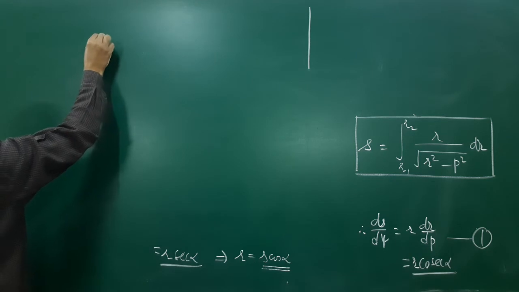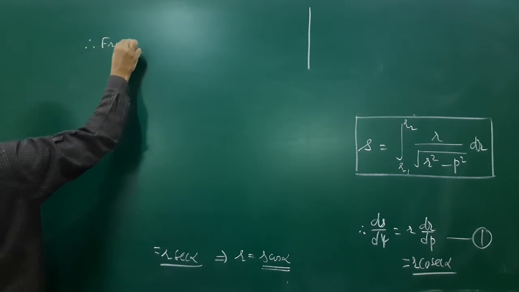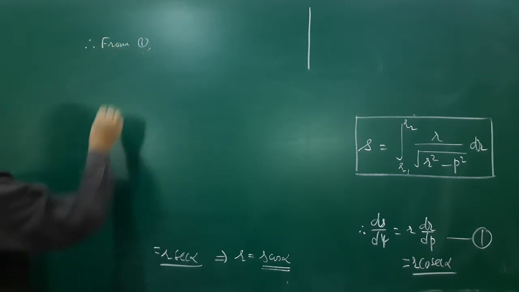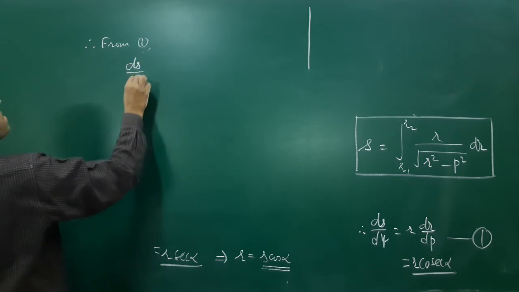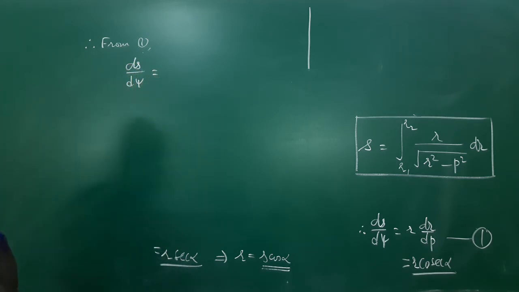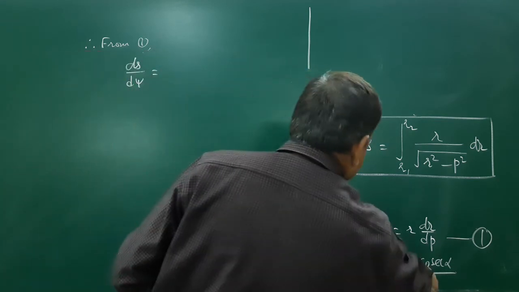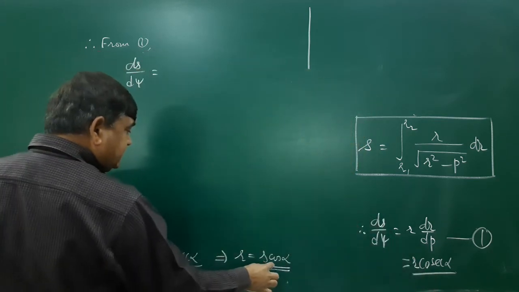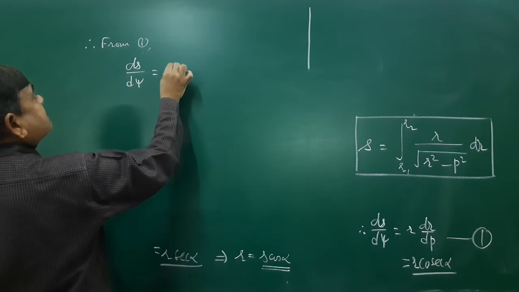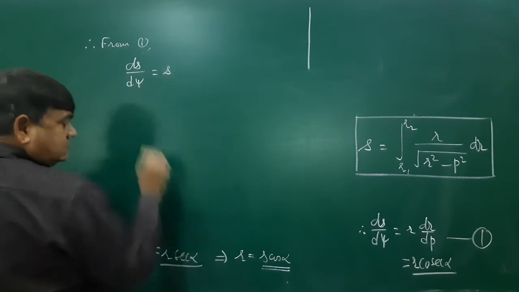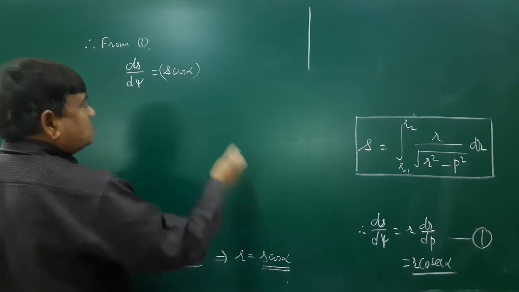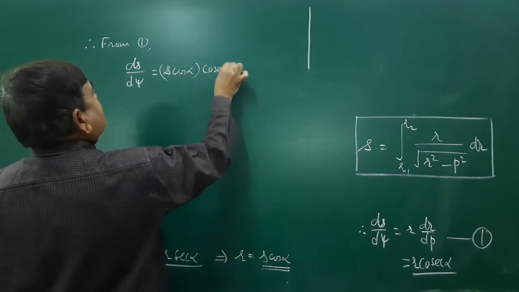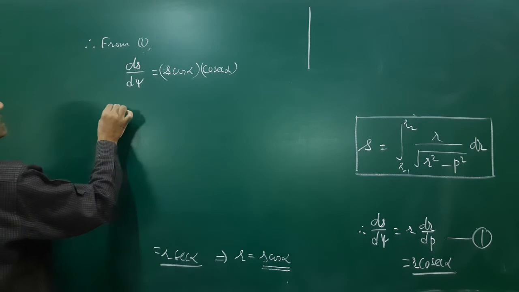Therefore, for ds by d psi, it is r cosec alpha. So r means s cos alpha into cosec alpha.